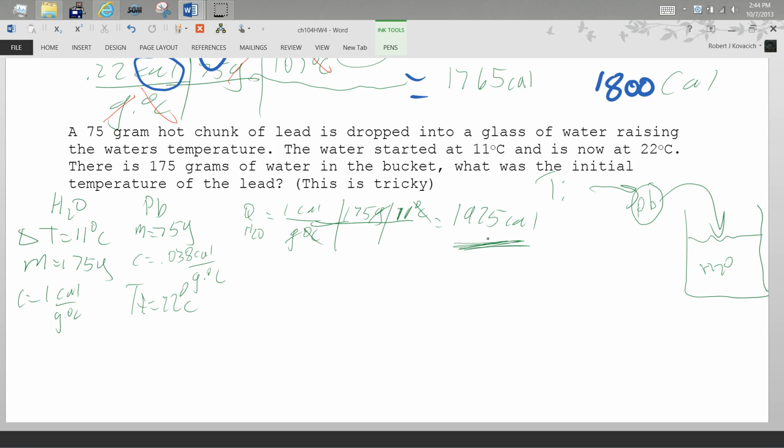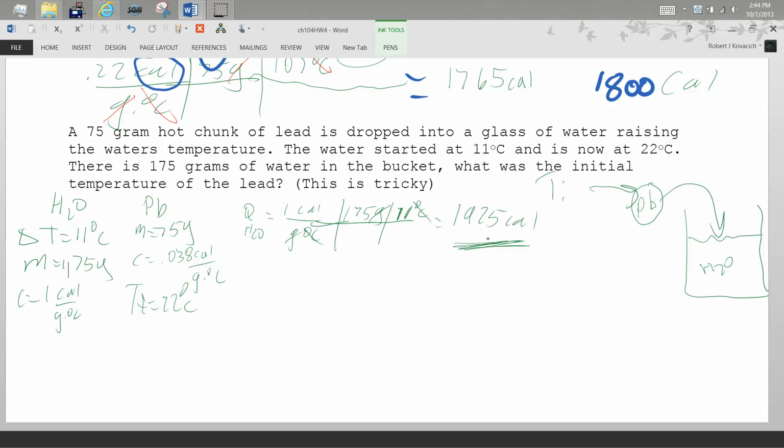And from the law of thermodynamics saying that energy is never created nor destroyed, the conservation of energy, what is that also telling me? The water gained 1925, therefore the lead lost 1925. So now I know the Q of the lead.